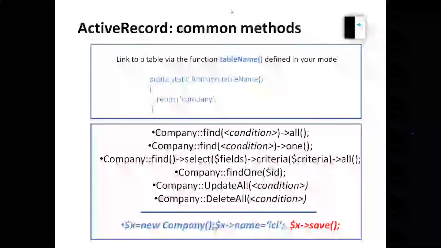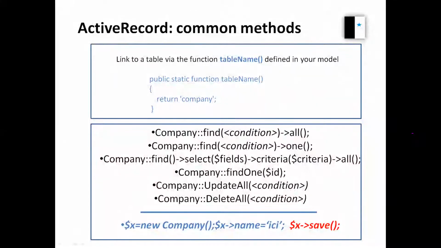Let's now have a closer look at the most common methods of model ActiveRecord. First of all, in all ActiveRecord models, you should have the public static function tableName that actually links your model to the underlying table in the database. And you see how it is written there. Then let's proceed to the methods.